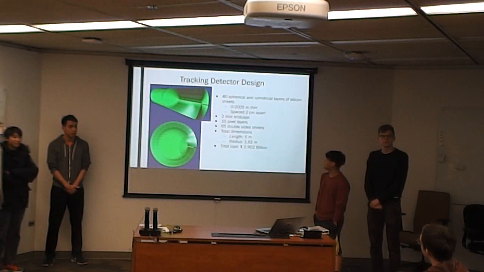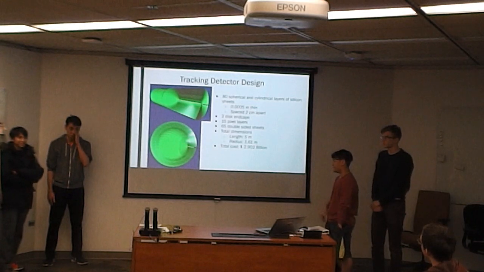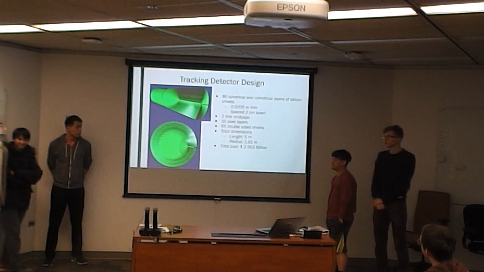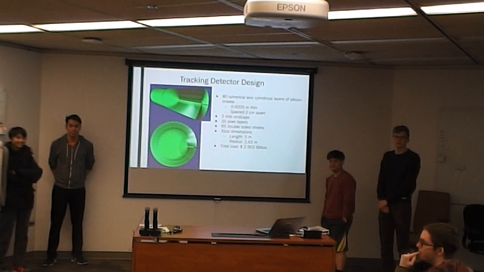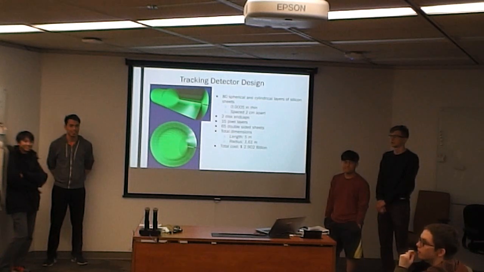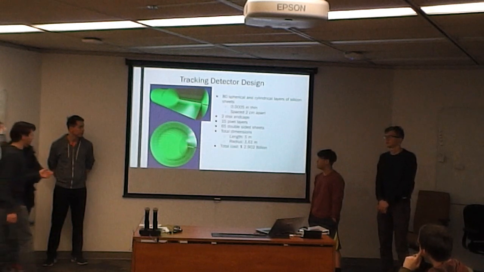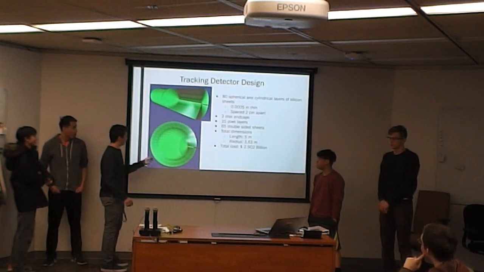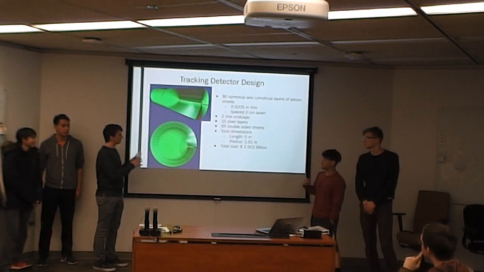What do you mean by sheets of silicon? Layers. It's just like you're going to get a bunch of silicon wafers, and they're the layers that are around, similar to the ones you had before, like layered pieces. There's strips, and there's the pixel and the double sided.